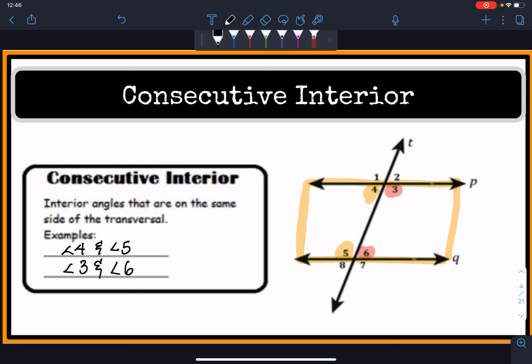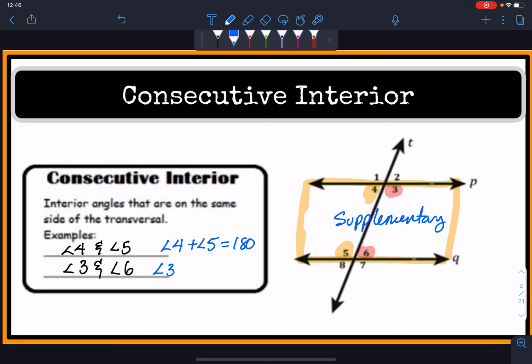Now, what's unique about consecutive interior angles is that they're supplementary. Meaning that if you add up those consecutive interior angles, they're going to equal 180 degrees. So adding angle 4 with angle 5 is equal to 180, just like adding angle 3 with angle 6 is going to equal 180.